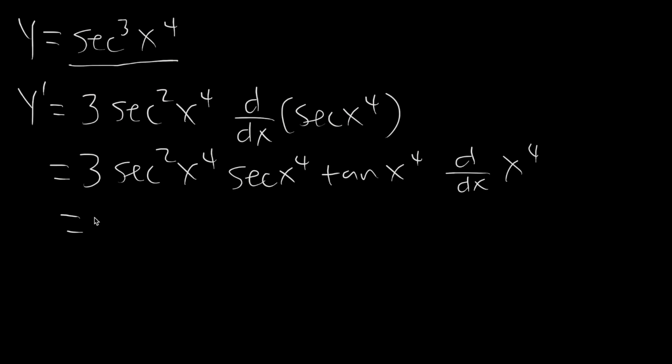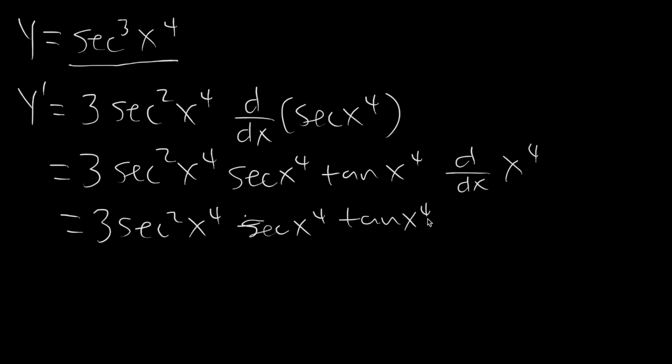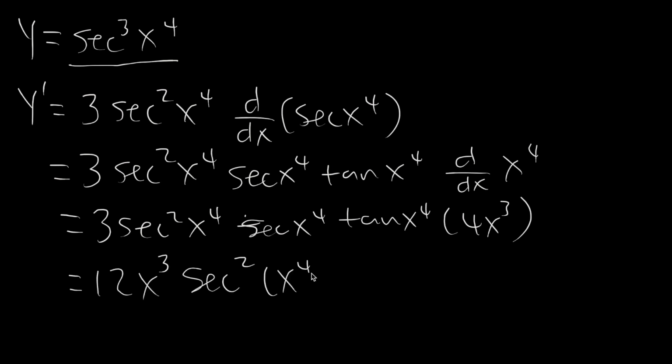So this is going to be equal to 3 times secant squared x to the 4th power times secant x to the 4th power times tangent x to the fourth power times 4x cubed, which is equal to 12x cubed times secant squared x to the fourth power times secant x to the fourth power times tangent x to the fourth power. So this is the answer.